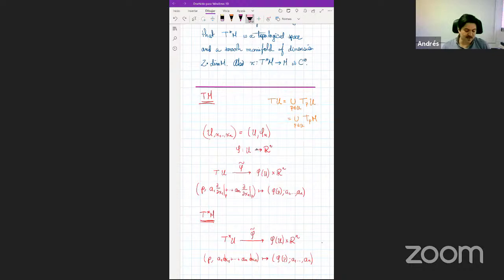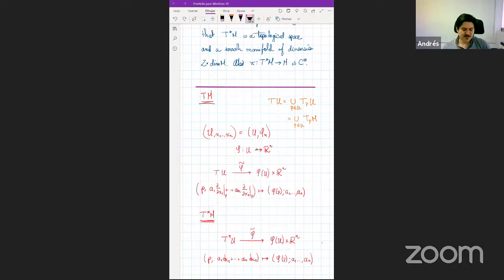And here we know that this space has dimension twice the dimension of n. Because this n comes from the entries of this vector, and this lies also in Rn because it is a chart of the manifold M. Okay?